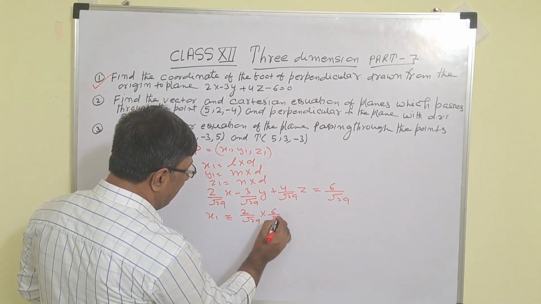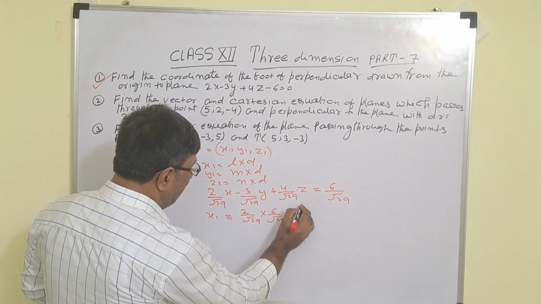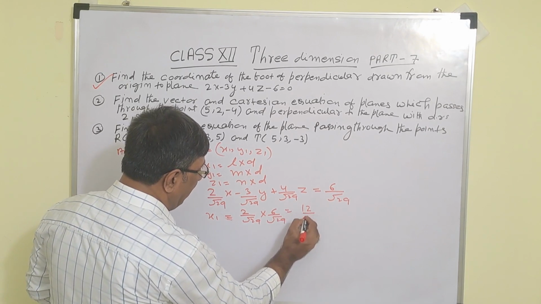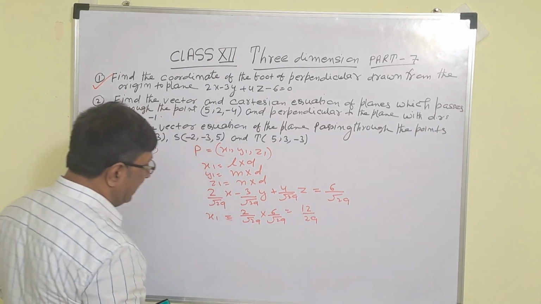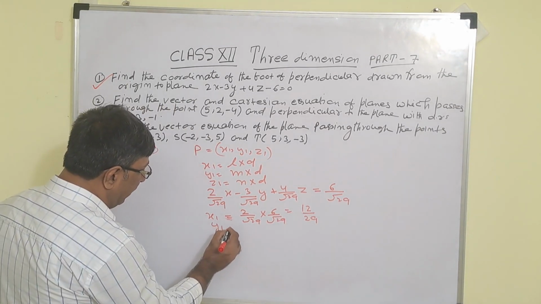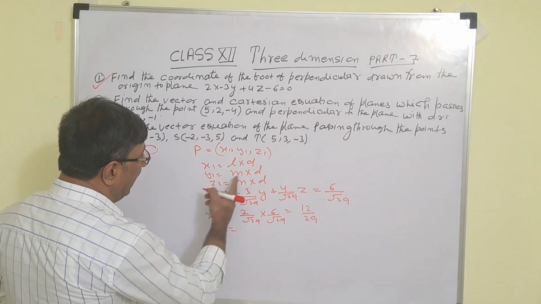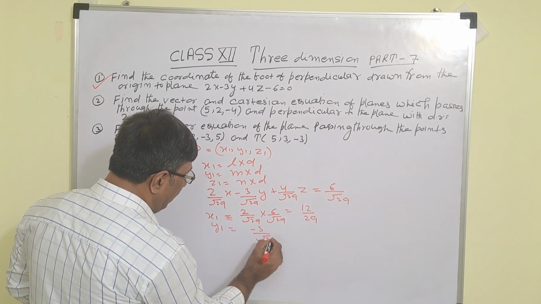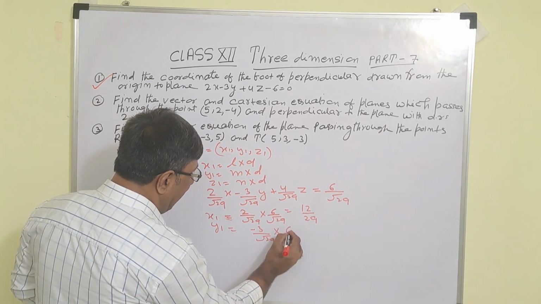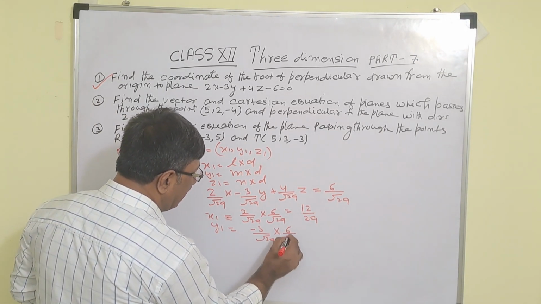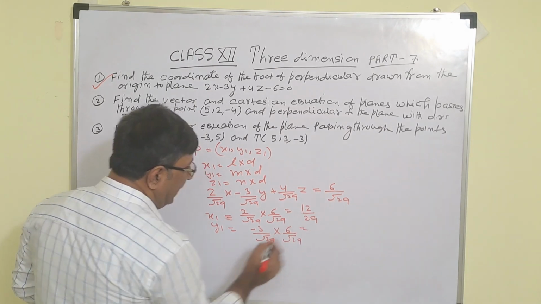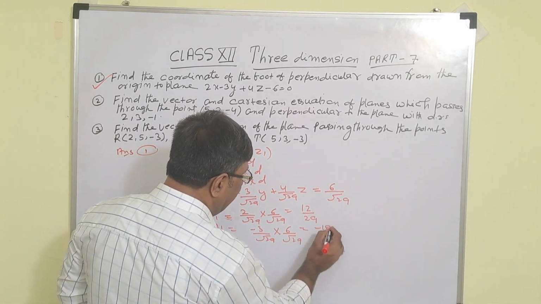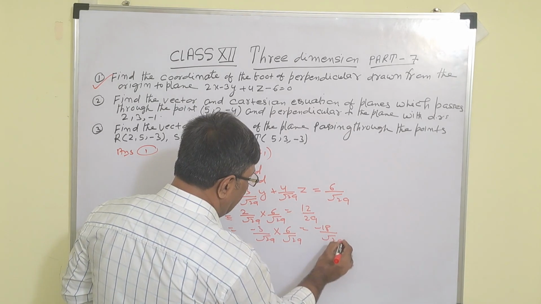So x1 is 12 upon 29. In the same way, y1 equal to M into D. M is minus 3 upon root under 29, multiplied by D, that is 6 upon root 29. So this is minus 18 upon 29.